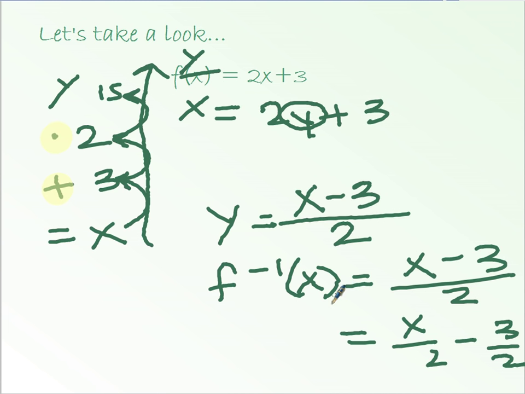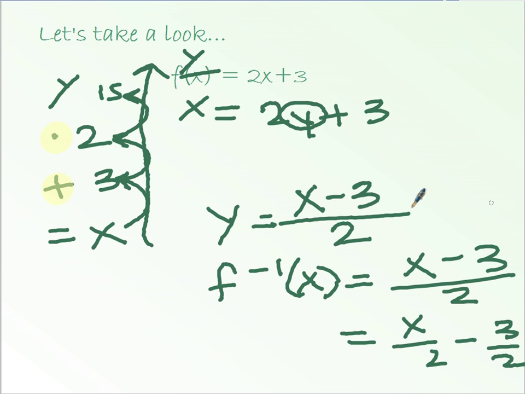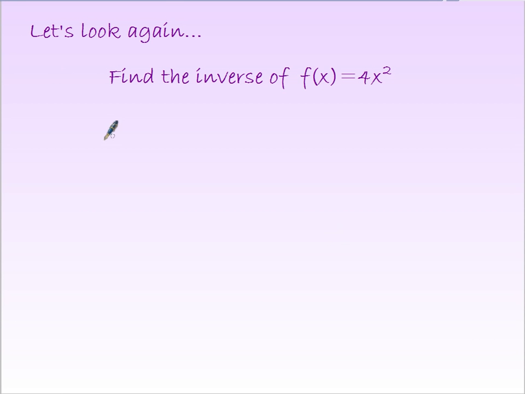Either way, I get the same inverse function that I got before. But this list, it is amazing to me how much effort and stress that little list can help us avoid.